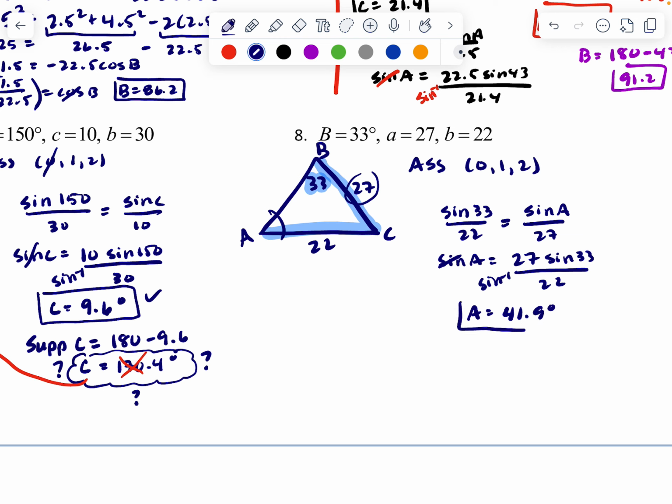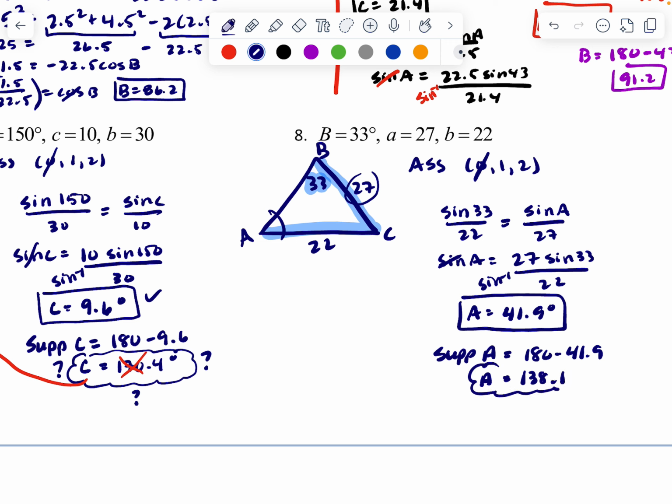So again, because I got an answer, that means I'm not going to have 0 solutions. Now check for another answer. So I'm going to find the supplement of angle A. Again, that's 180 minus 41.9. So for that I got 138.1. So it's saying that angle A could be 138.1.